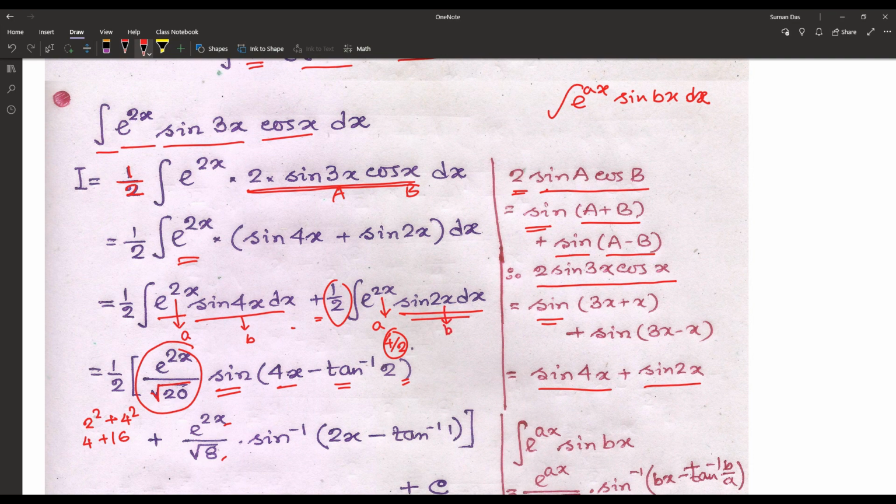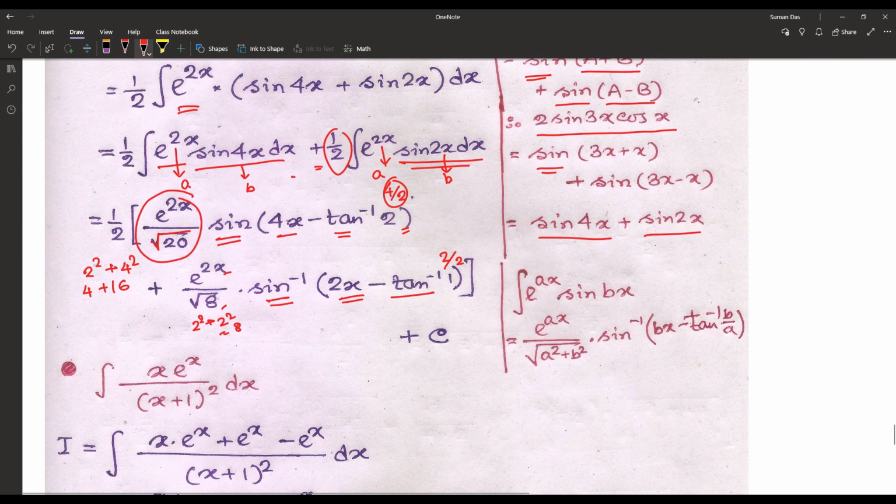So the square root of a square plus b square is equal to the square root of 2 square plus 2 square, or square root of 8. So that gives us e^(2x) divided by square root of 8 times sin of (2x minus tan inverse of b by a, or 2 by 2), and plus the integration constant here.